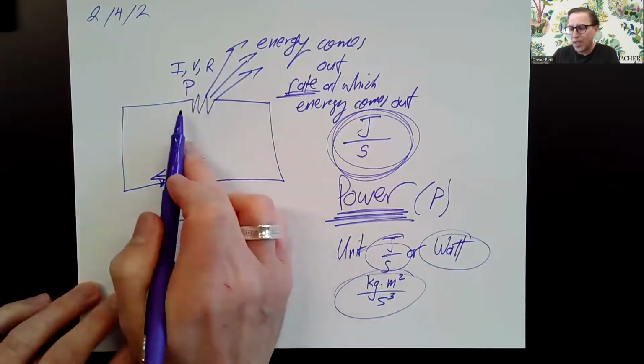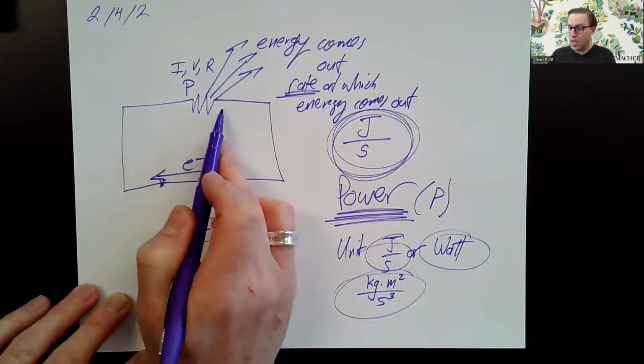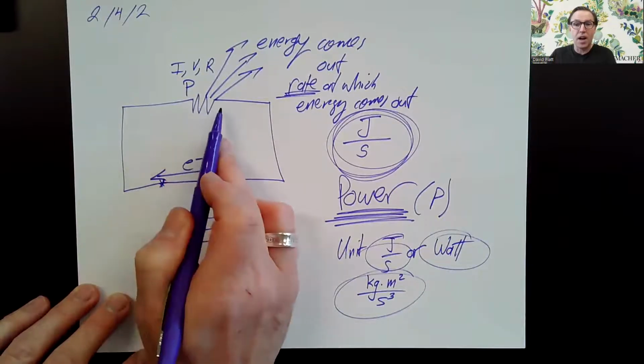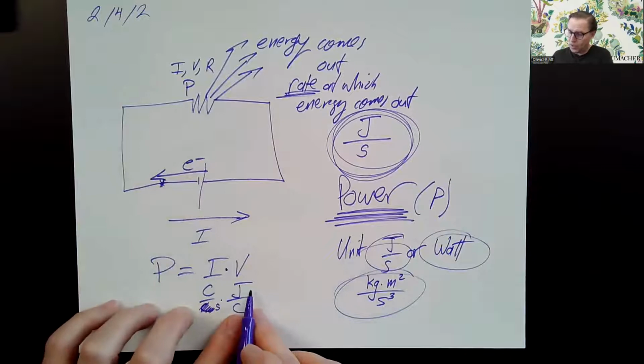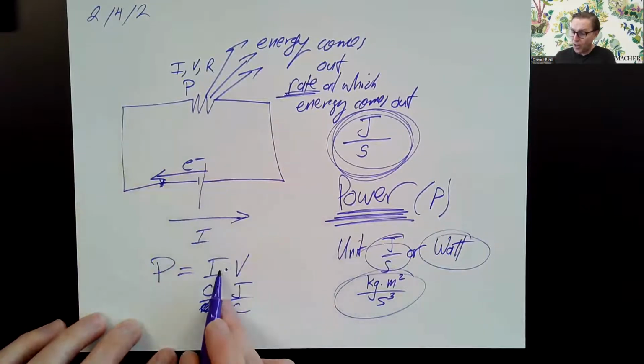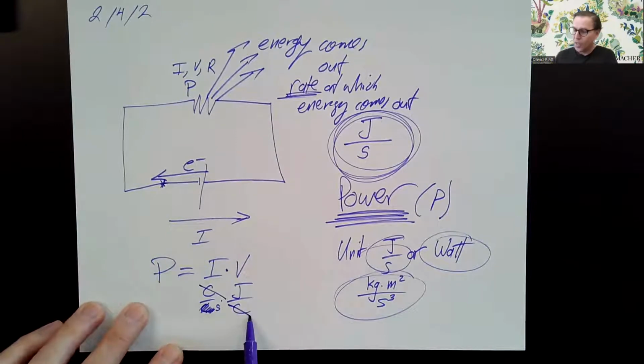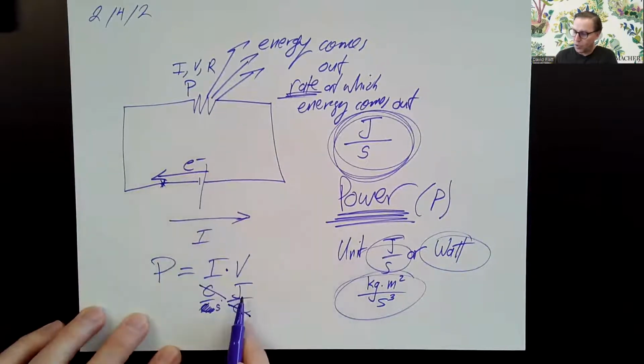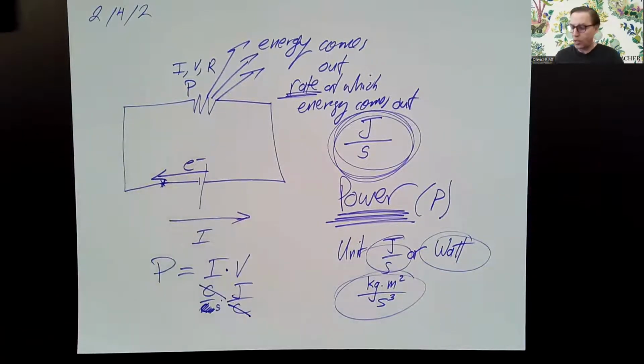So there's a potential difference. Every charge that goes through there, there's a certain number of joules for each coulomb of charge that crosses. And then the current is how many coulombs cross per second. So that comes out to be joules per second, or power. So power is the product of I and V.